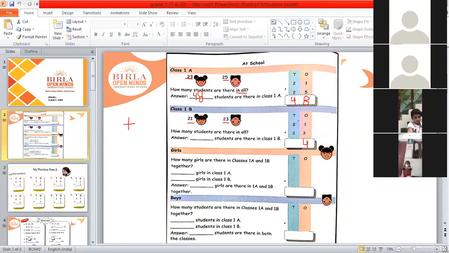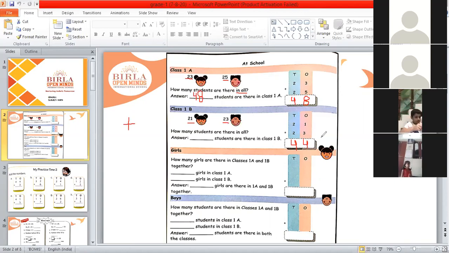Advait, turn on your camera. 1, 2, 3, 4. 4, ma'am. So 2 plus 2 is 4. That's the correct answer. Very good, Advait.